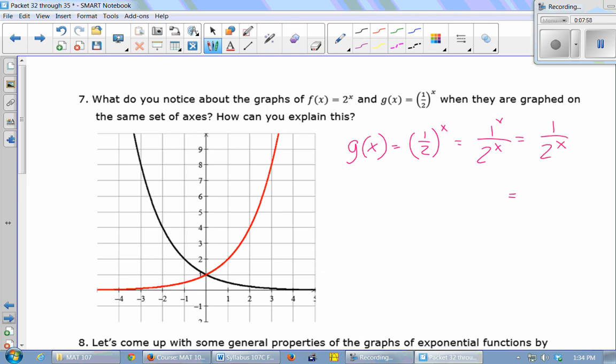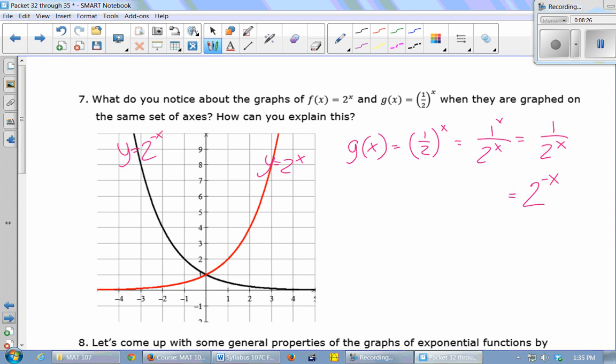But I can move things from the denominator to the numerator if I do what to the exponent? Switch the sign, yeah. So 1 over 2 to the x is the same thing as 2 to the negative x. So this guy is the graph of y equals 2 to the x, and this guy is y equals 2 to the negative x, which is equivalent to 1/2 to the x.